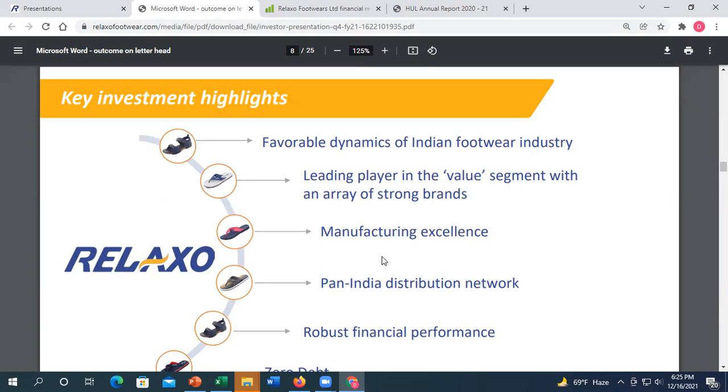They price the product in such a way that it makes it extremely difficult for other competitors to compete with Relaxo. That they might have achieved because of their manufacturing excellence, and they have a pan-India distribution network and a robust financial performance over the last 13 years.